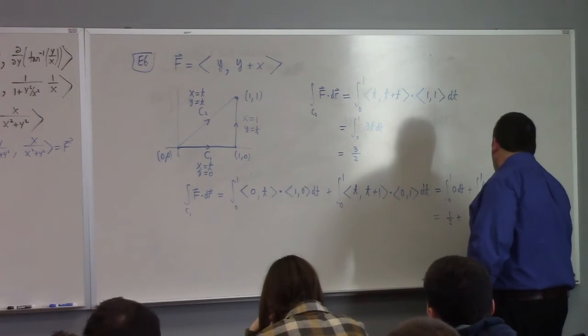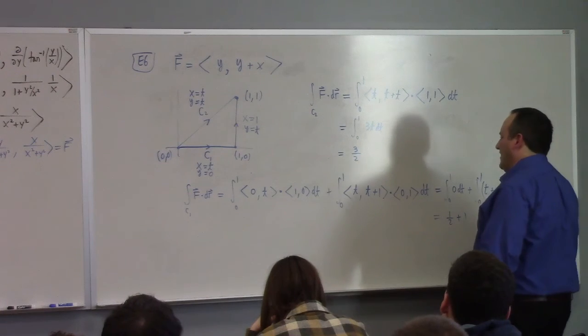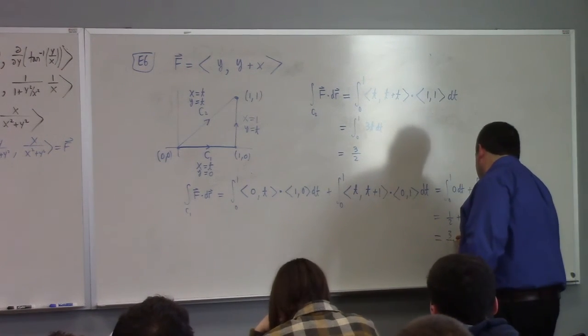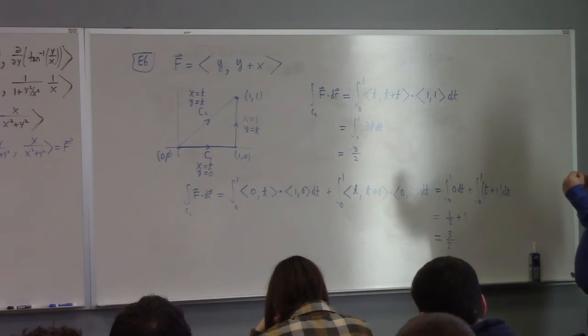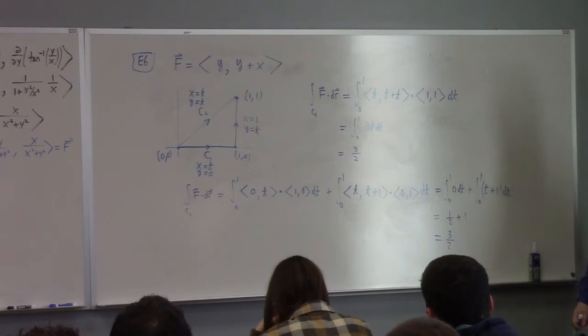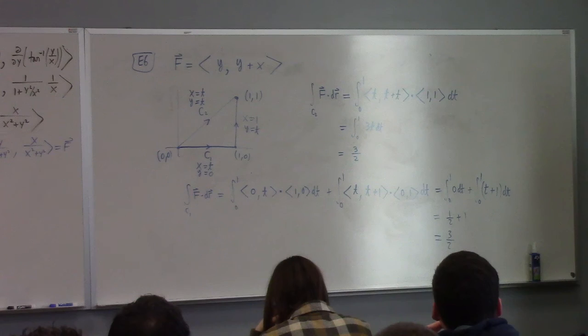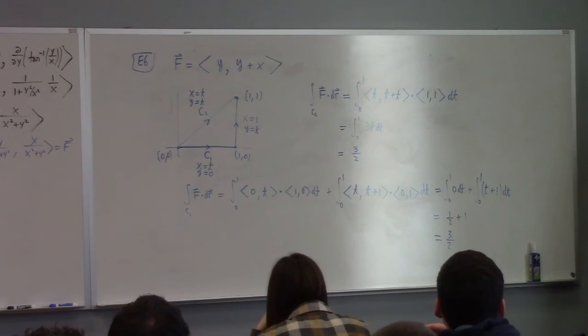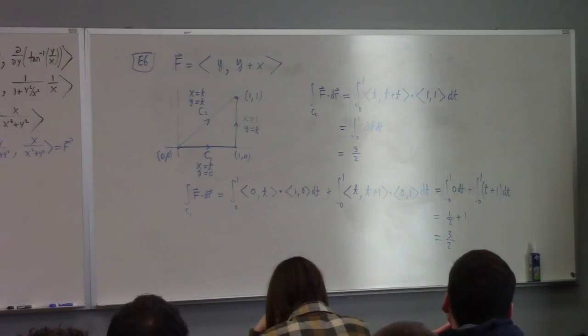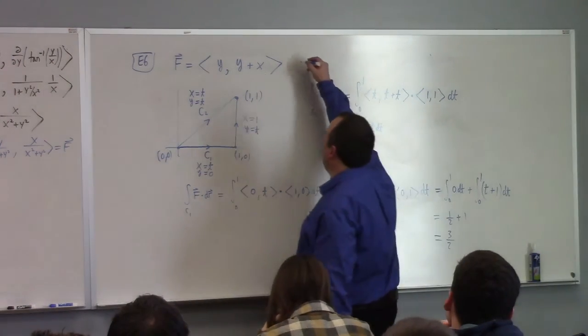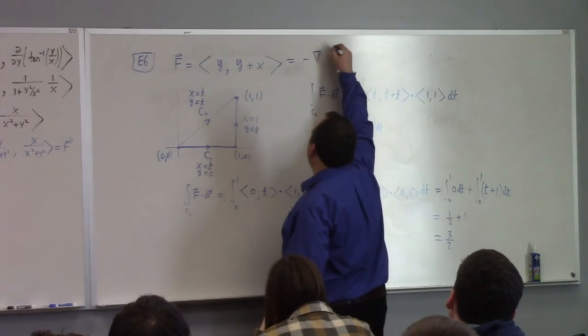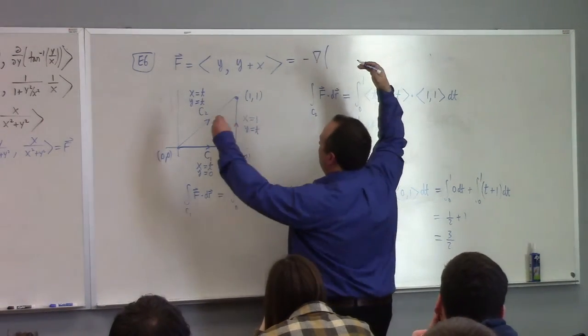Oh, come on. Seriously? Is that because it's the same page, though? This is not a conservative vector field, I don't think. Oh, it is. It is a conservative vector field. Son of a gun. Look at that. What's this, the gradient of what?